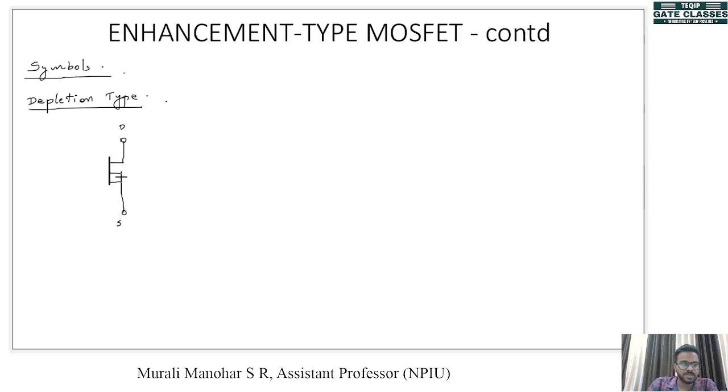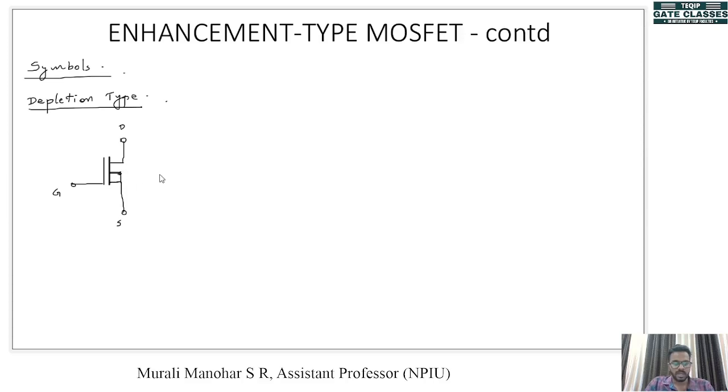And we know that this substrate and source will be connected internally. So this will be connected like this. Now the gate is isolated. So we will show an isolation here between the base and the gate, and here we have our gate terminal. So this is the symbol for a depletion type MOSFET.